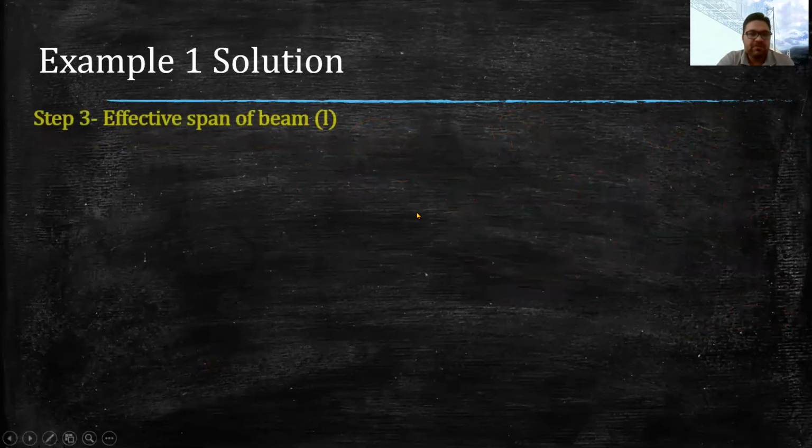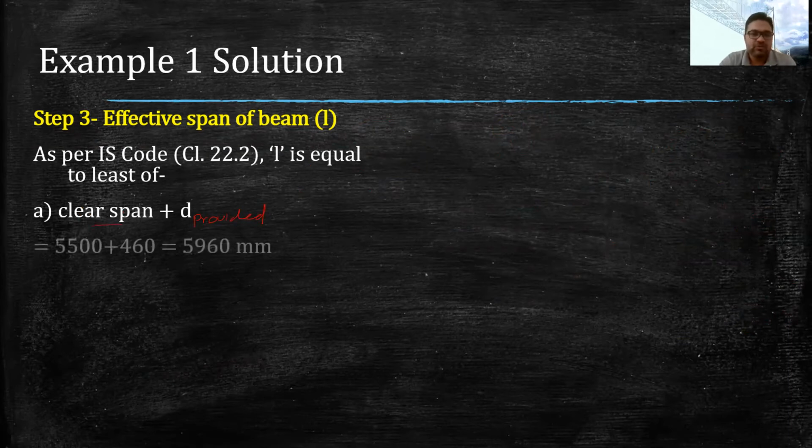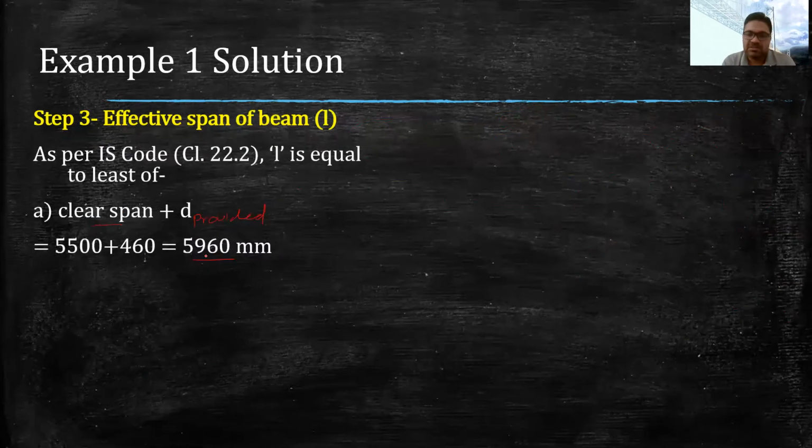In step 3, we will find out the effective span, in the same way as we calculated in lecture 11. As per IS code, L will be equal to the least of clear span plus D. This D is actually D provided, which is 460, and clear span is 5.5 meter. So adding them, we get 5960 mm. This is one aspect.